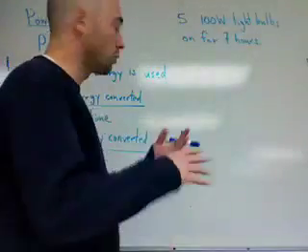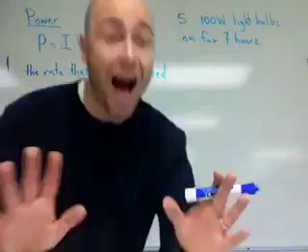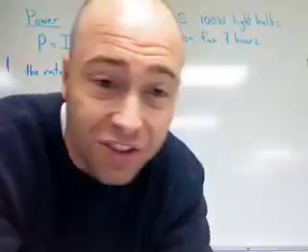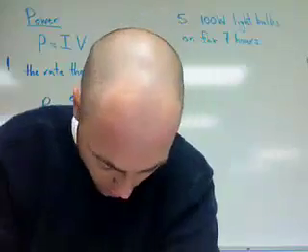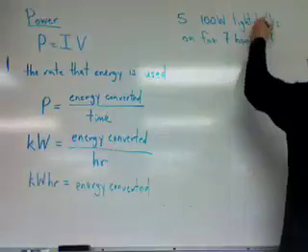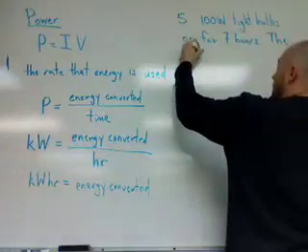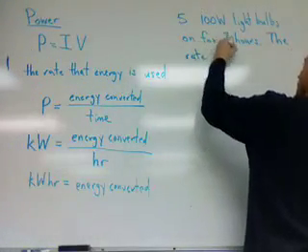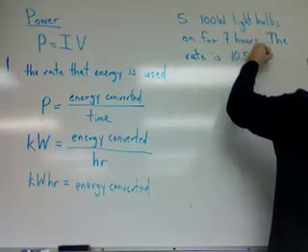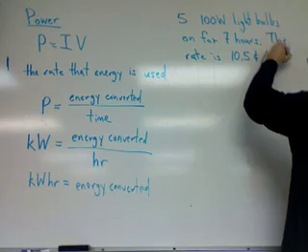But we'll go with the rate here, so we'll go high. You're going to leave 5 100-watt light bulbs on for 7 hours, and the rate is 10.5 cents per kilowatt hour.